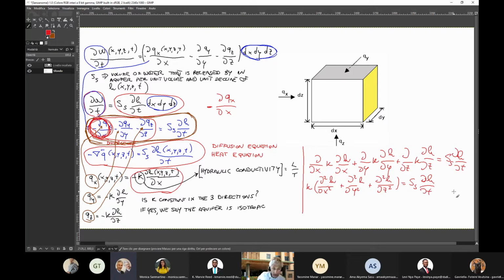So at the end of the story, I can write it in compact form as the product of k by nabla square, which is the Laplacian operator of h. Let me now write the dependence on the coordinates, which is equal to Ss, derivative of h, again depending on the coordinates and time, with respect to time.